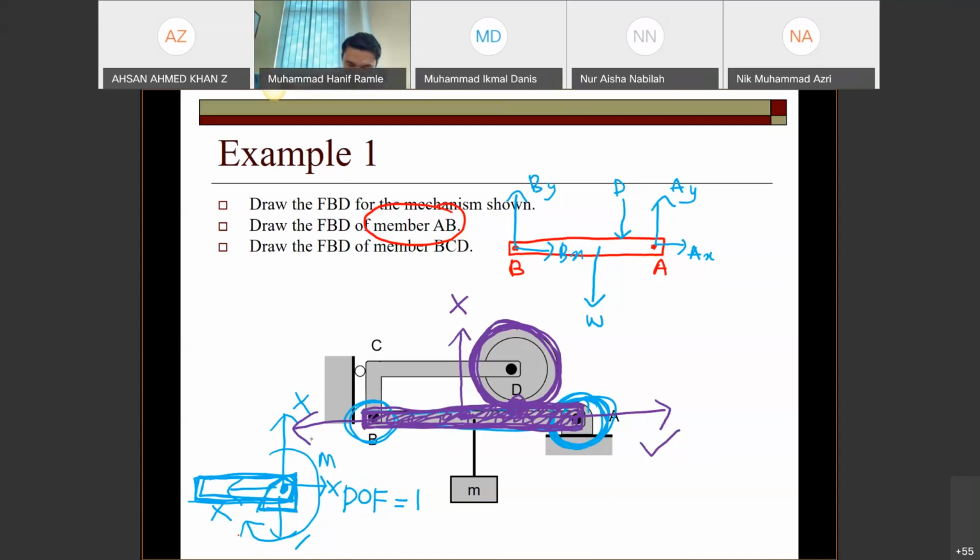Yes, can. How about downward, excluding the pin system? Yes. Okay. How about rotation? Can or not?